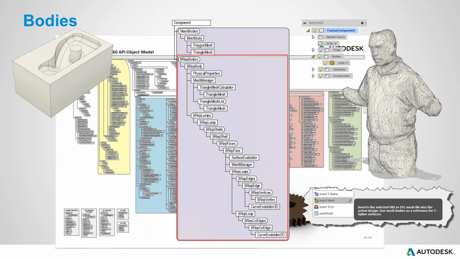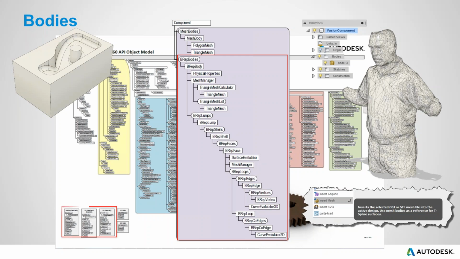And so I can query, for example, this model that we see here, and find out how many faces it has. On each face, I can find out what shape it is. Is it a plane? Is it a cylinder? Is it a NURBS freeform surface? And so I can find out exactly what the geometry of this thing is and how things are connected.